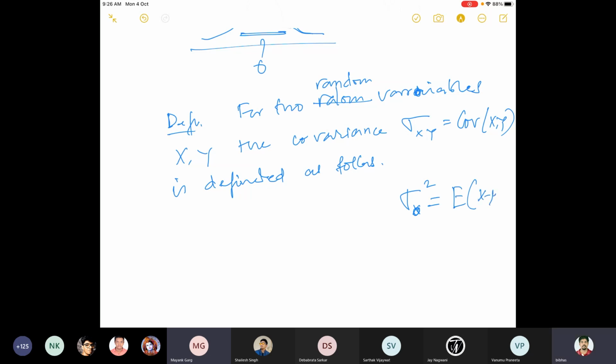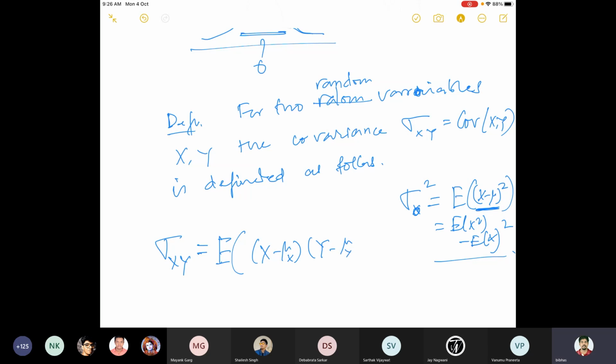Yes, actually we defined this as the expected value of x minus mu whole square, from which we prove that this is nothing but E of x square minus E of x whole square. Same thing we'll do here. Instead of x minus mu whole square, we'll write the product for x and y. This covariance is nothing but the expected value of x minus mu x times y minus mu y, where mu x and mu y are the means corresponding to the individual random variables x and y.